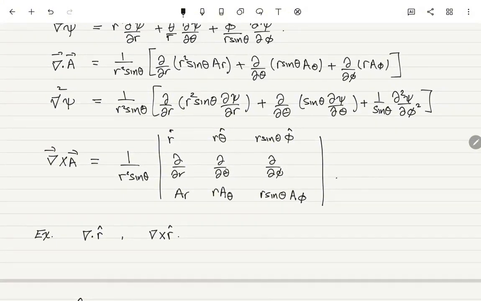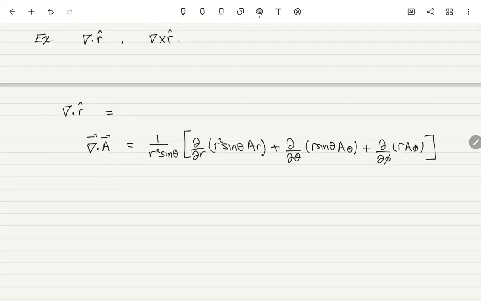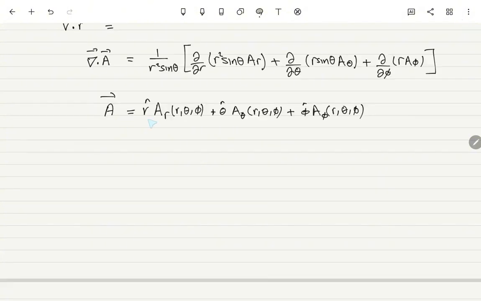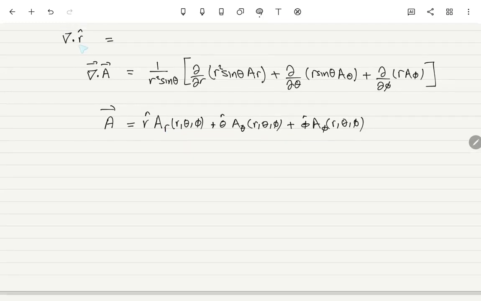I'll just rewrite it. In our case, we are interested in divergence of r hat. If we go back to the original vector A, we see that we are interested in r hat here.